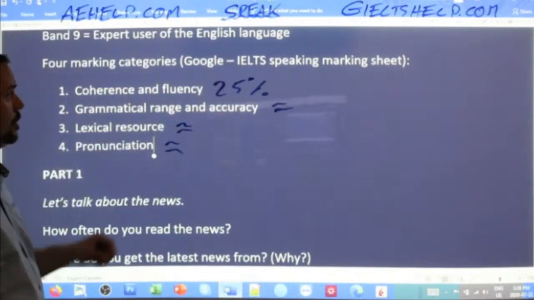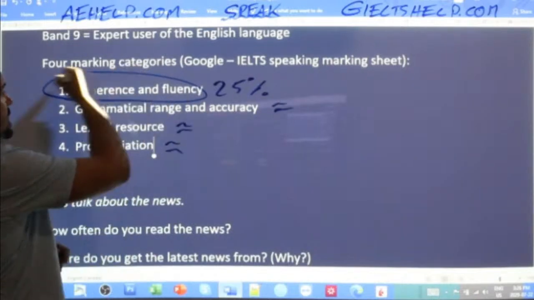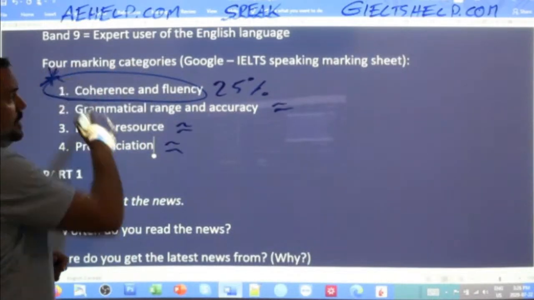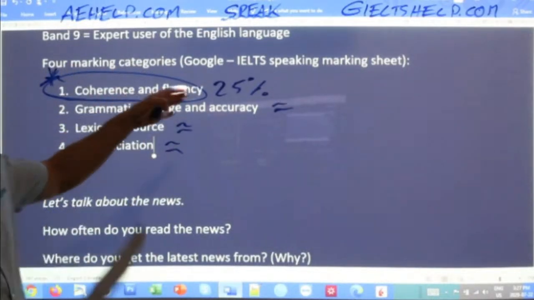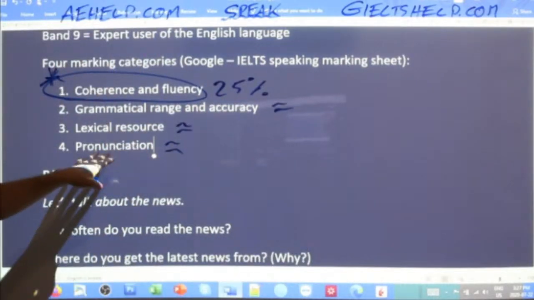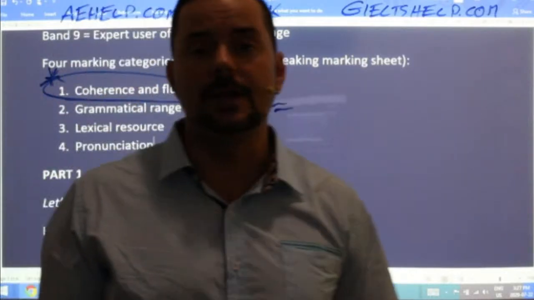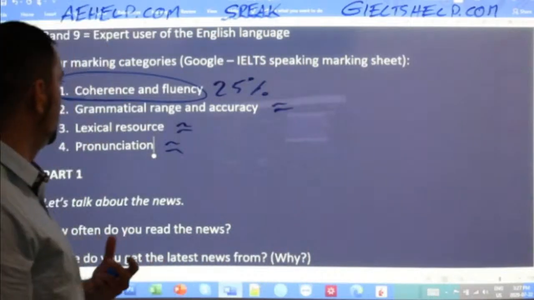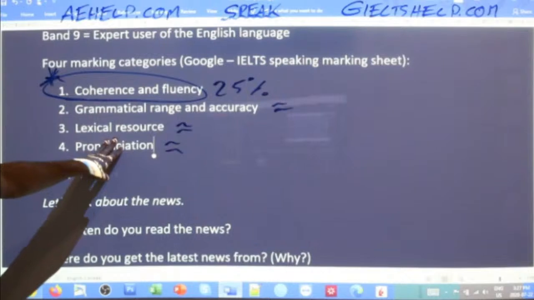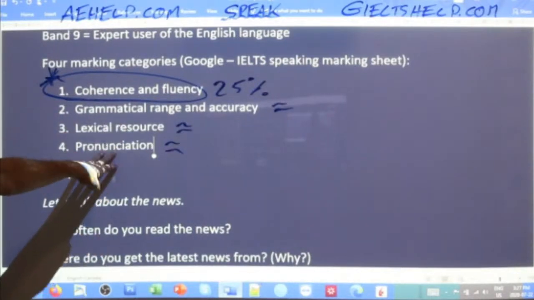The most important thing that you want to focus on first is coherence and fluency. If you're not coherent and you're not fluent, then grammatical range, lexical resource, and pronunciation don't matter. You can use all kinds of fancy words, you can use all kinds of grammar, and you can have clear pronunciation.